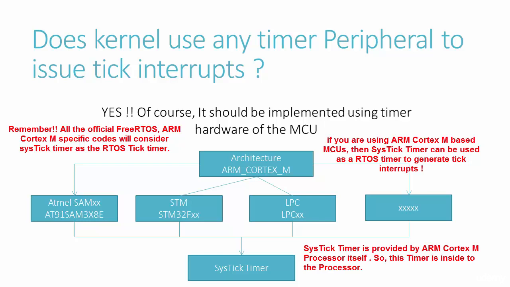And if you have a microcontroller which is not based on the ARM Cortex family of processors, then you can use one of the timer peripherals for this purpose, no problem. But in the case of microcontrollers based on the ARM Cortex-M family, they typically use the SysTick timer.